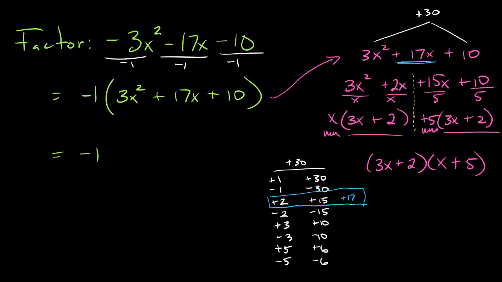Okay, good. So what we did was we took this 3x squared plus 17x plus 10 and we factored it into 3x plus 2 and x plus 5. So instead of writing this one parentheses, I'm going to write 3x plus 2 and x plus 5.